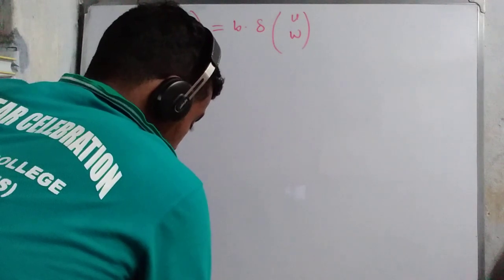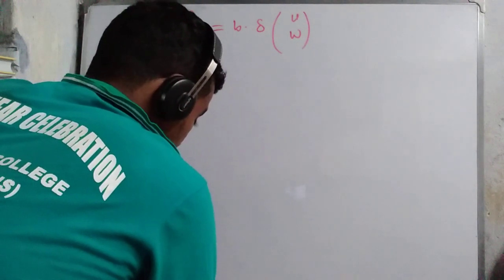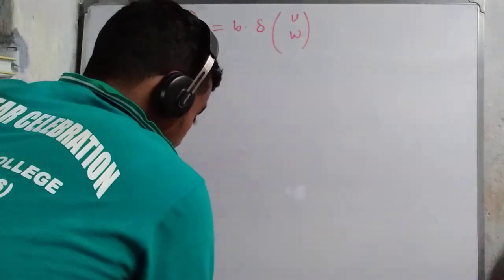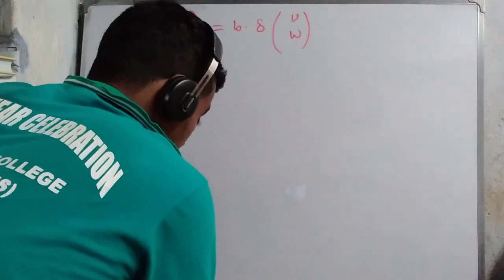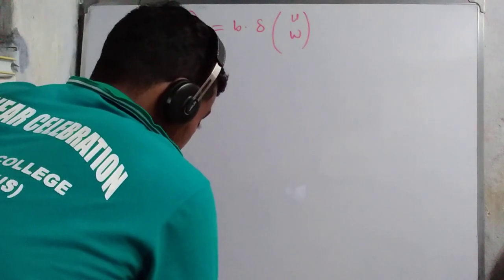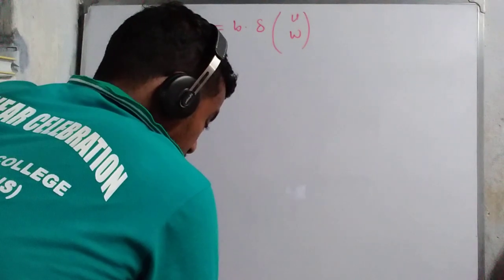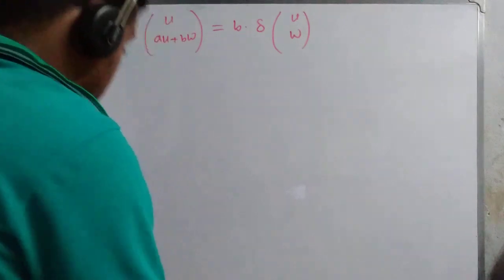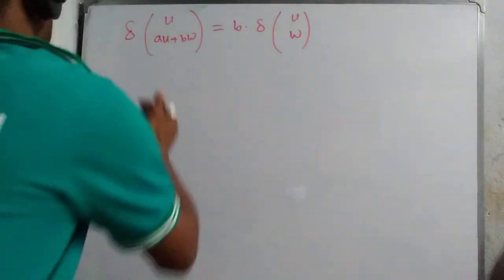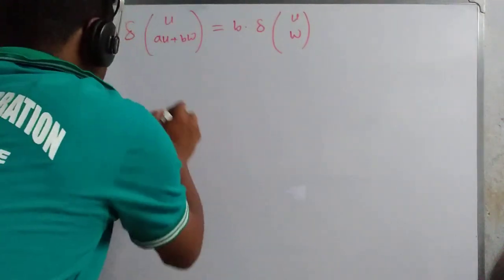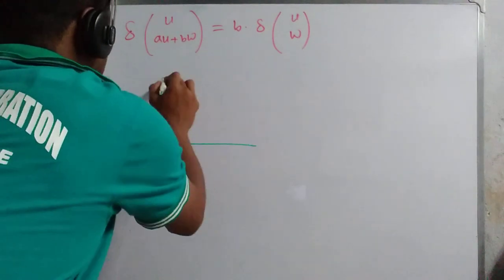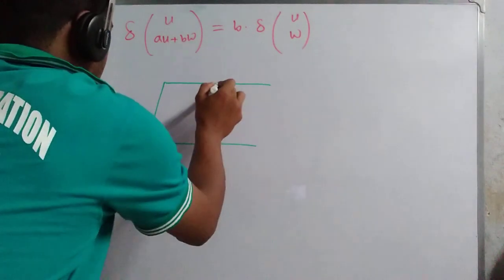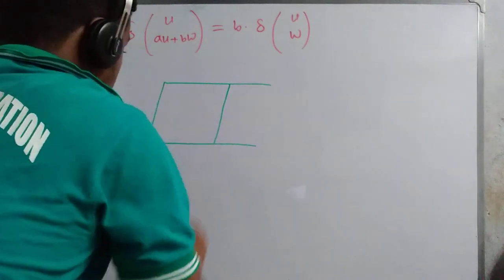How do we discuss this one? That means if a b equal to 1, then we also discuss this one, how this one happened.